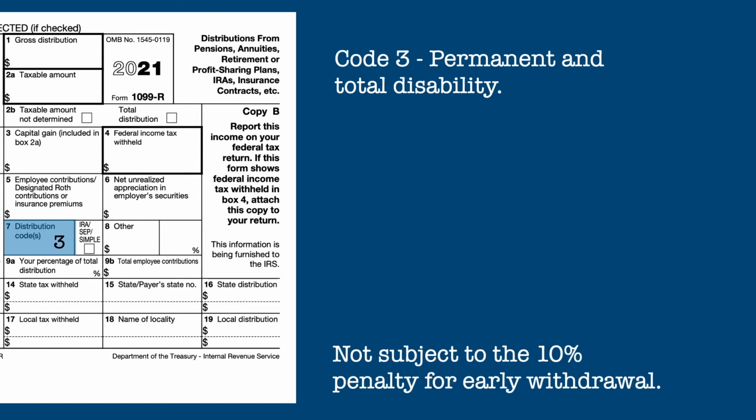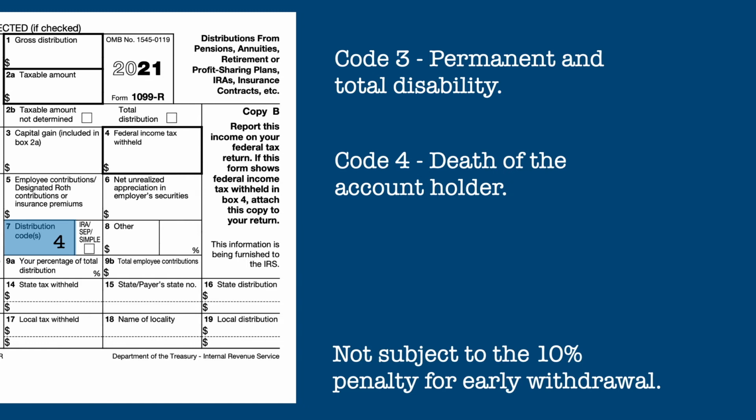Code 3. These are distributions made in the event the recipient is permanently and totally disabled. Code 4. These distributions are made to the beneficiaries of the account upon the death of the account holder. None of the distributions coded 2, 3, or 4 are subject to the 10% penalty for early withdrawals.